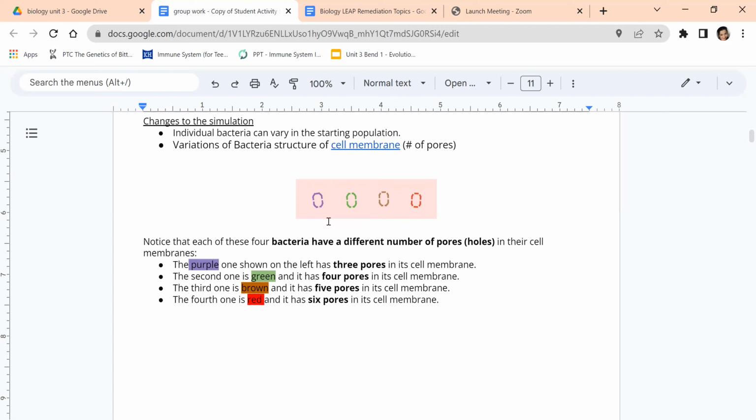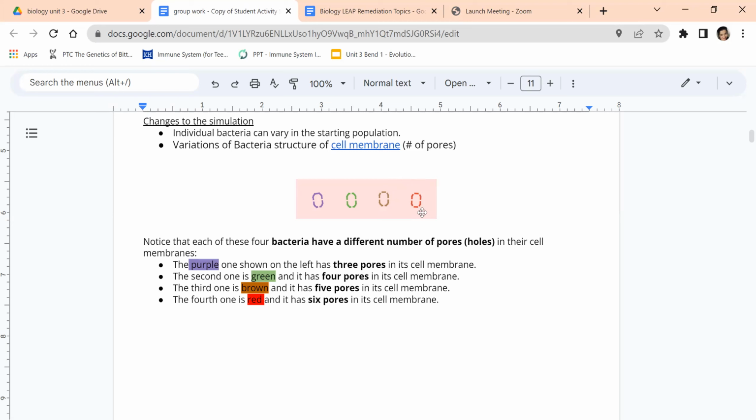Each of these bacteria has little openings along its membrane. The red outline represents the cell membrane of the bacteria, and you can see that it has several openings in it, which we're going to call pores, or holes that would allow things to penetrate inside the cell.